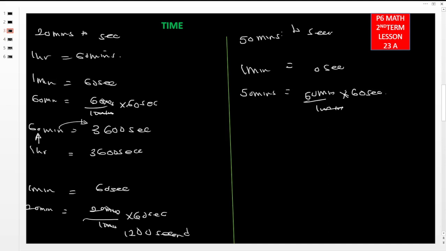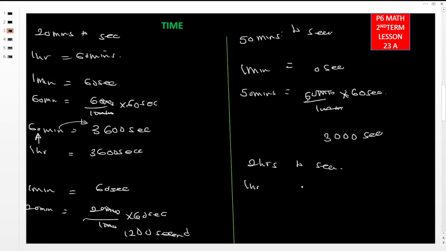So this minute with a minute, 5 times 6, that is 30. Then add on our 2 zeros, so we come up with 3000 seconds.